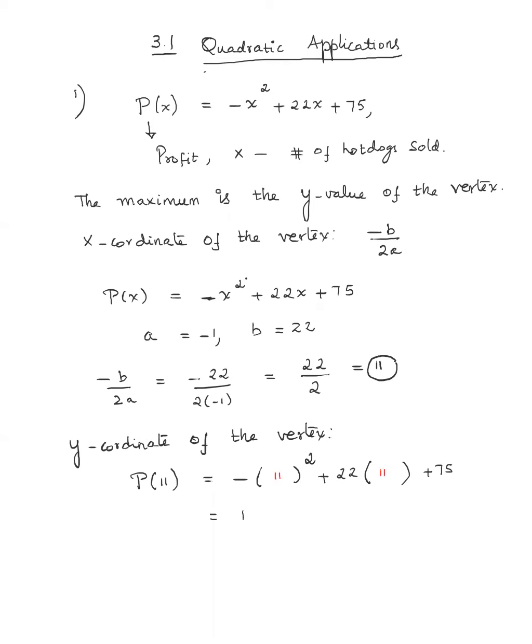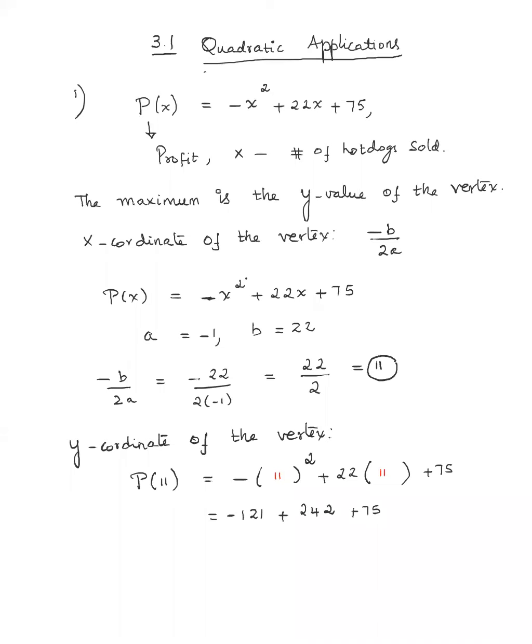So we get 121. 22 times 11 is 242, and this one is minus outside.